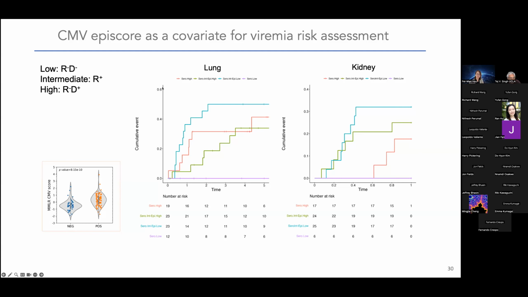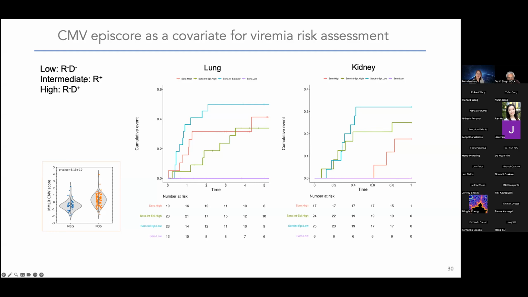serostatus. So here is the time to viremia event occurring. You can see the low risk group remain at baseline with no events happening. For those high risk ones showing up here, within 1 year they might get CMV viremia.